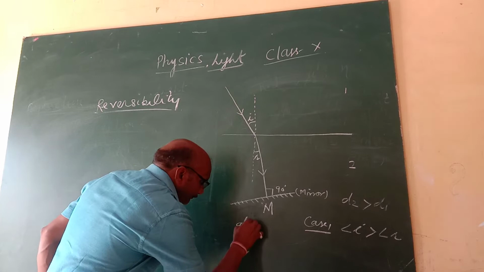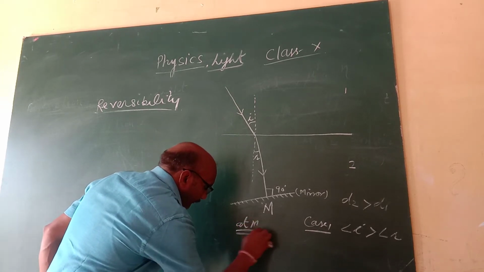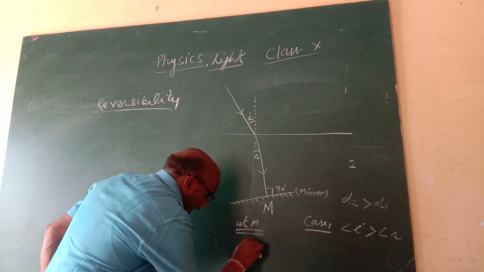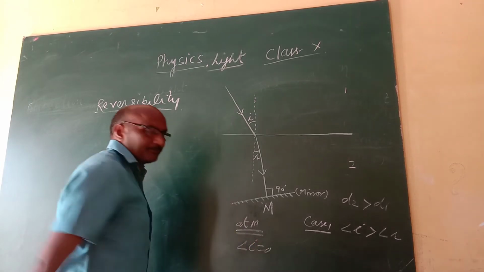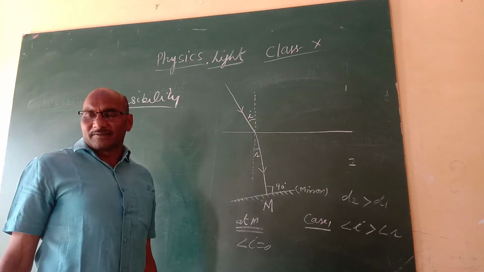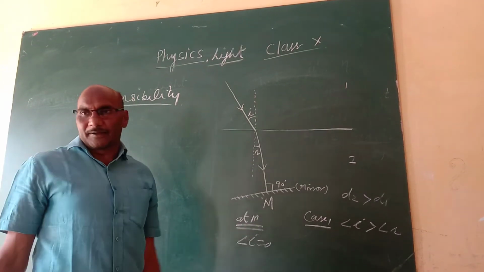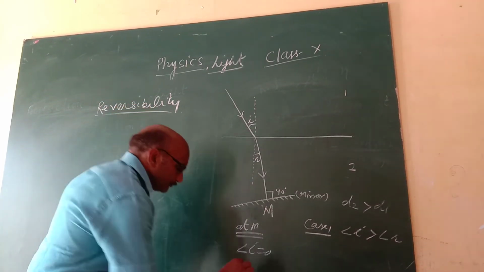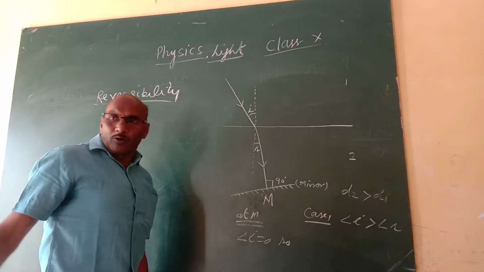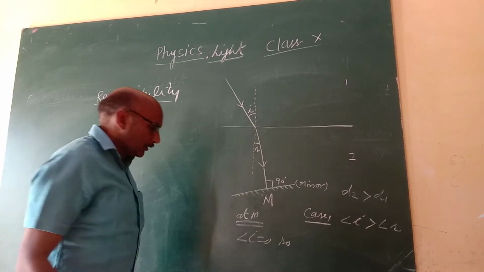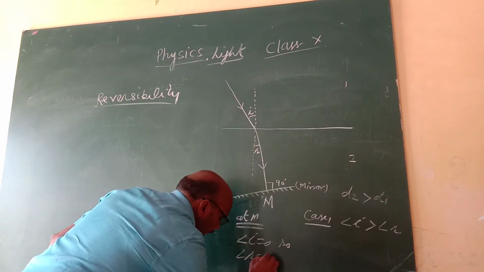At M, angle i is equal to 0, because the angle of incidence is the angle between the normal and the incident ray. So as per the law of reflection, angle r will also be equal to 0.